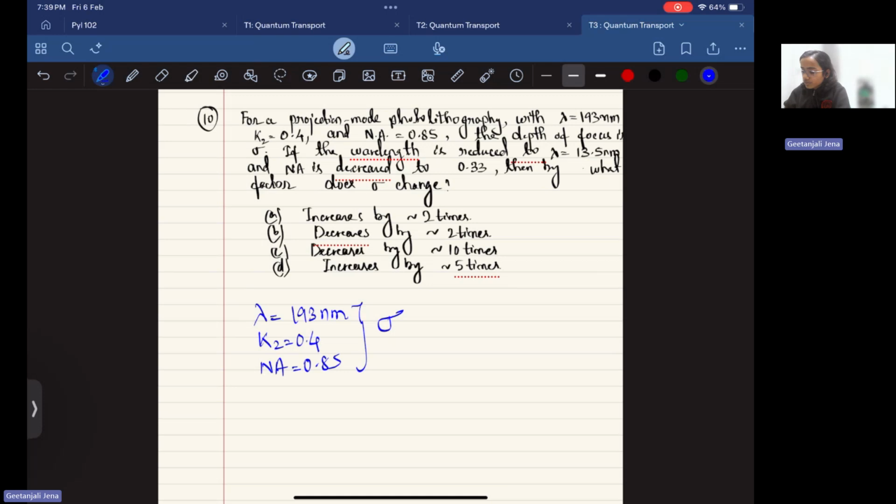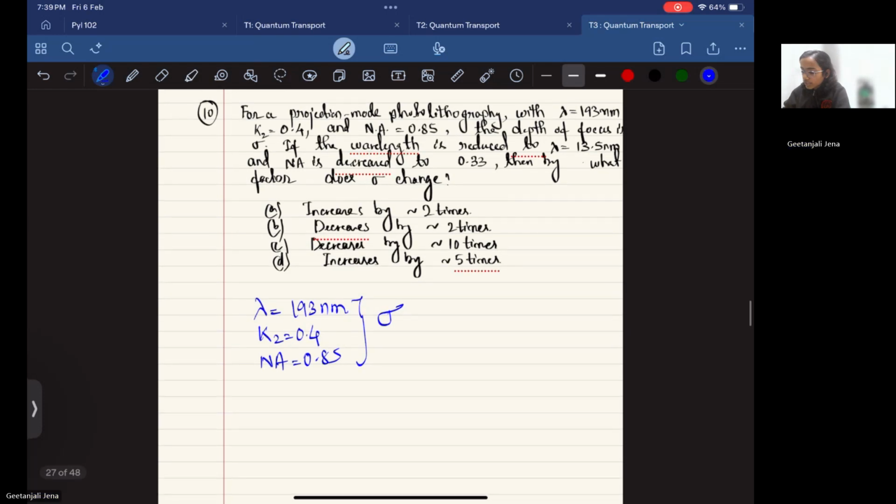If the wavelength is reduced to 13.5 nanometers, and the numerical aperture is reduced to 0.33, and K2 remains the same at 0.4, then by what factor does the depth of focus change?